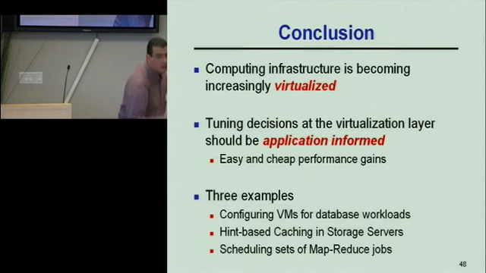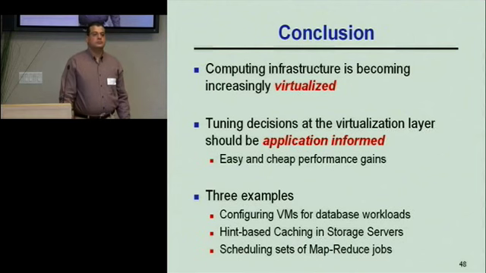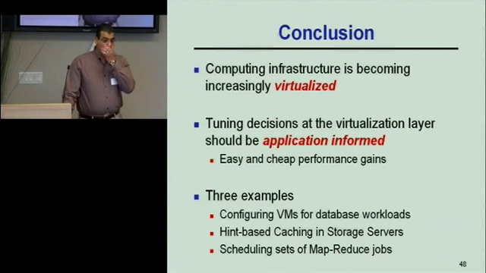I'm just wondering, besides making these optimization tuning decisions based on the applications that you're dealing with, are there any other techniques? Besides application-informed decisions, are there different things that you may be able to look at?